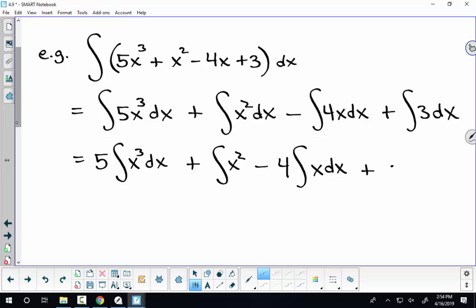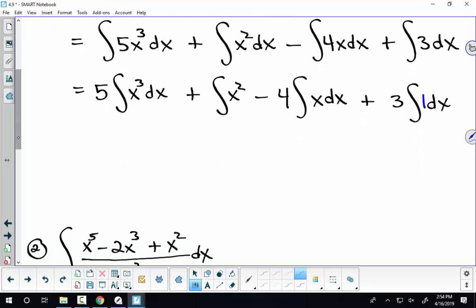And I guess the 3 could come out too, if we want to look at it like that. So sometimes you do see the antiderivative of dx. You just have to remember that there's a 1 right there. Okay, now it's just constants times the antiderivatives of powers of x, which we can do.